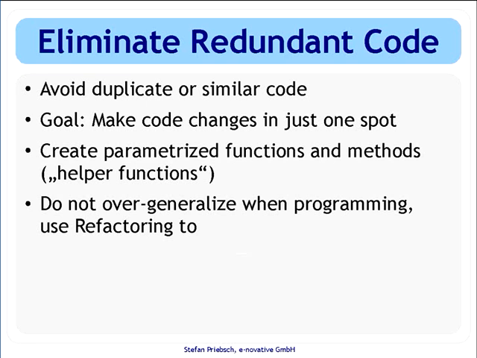So the basic idea of eliminating redundant code is that you want to be able to make changes to the code by just changing it in one spot. It's not always possible to really get it down to one spot, but it's a very good idea to try to approach that. How you do that is by creating parameterized functions and methods.